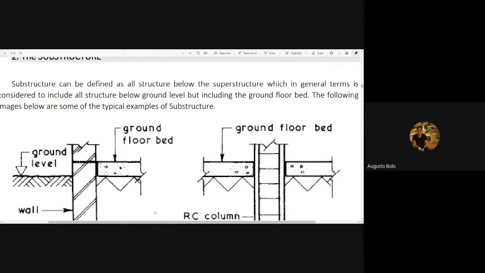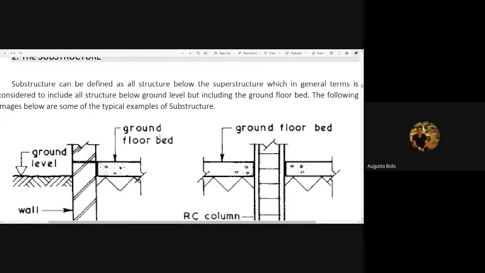Can you see it na? Yes po. Substructure can be defined as all structure below the superstructure, which in general term is considered to include all structures below ground level, but including the ground floor bed. The following image below are some of the typical examples of substructures.